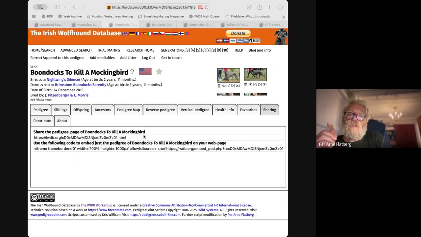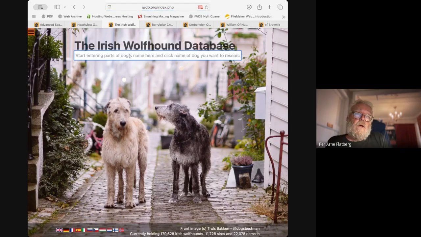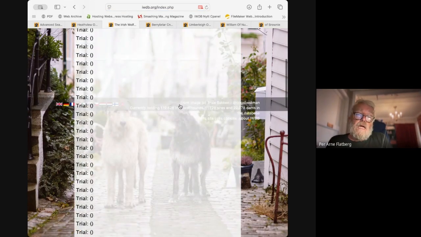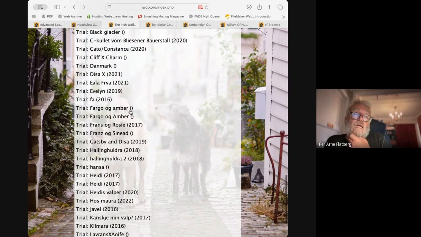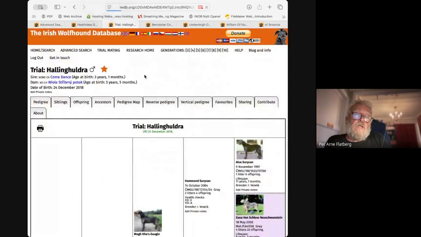But others can't search for that one. You can search your own trial matings. So if I am logged in and I search for trial, you'll see I have quite a lot of those, and these are only the ones I have made myself. I can search for those and load them up. If you're not logged in, you won't see them.